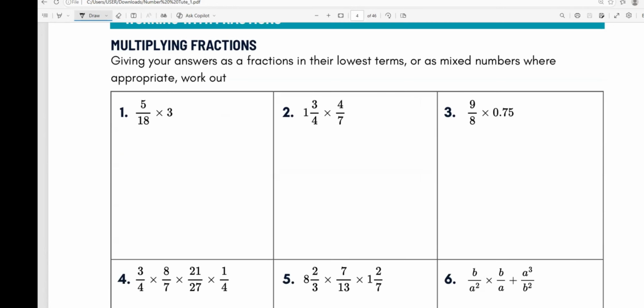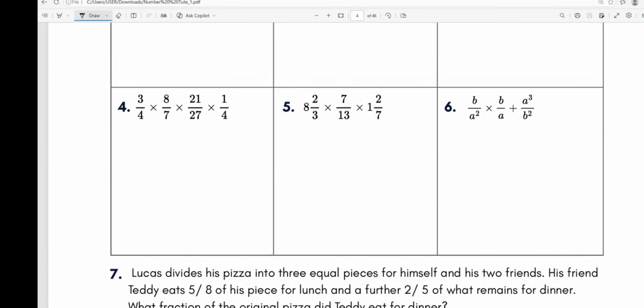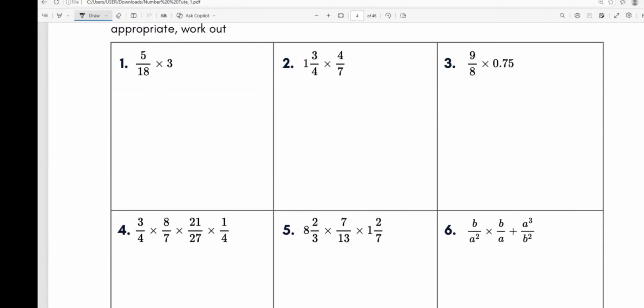Working with fractions, multiplying fractions. There are 6 questions under that. Now the last question with algebraic fractions. It is b over a squared times b over a. Change that addition to multiplication. It is not addition.